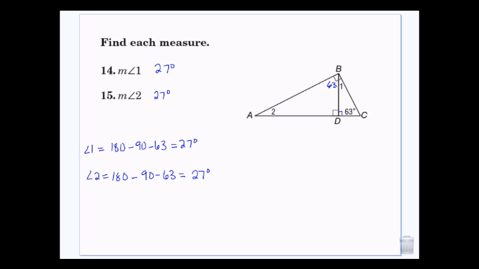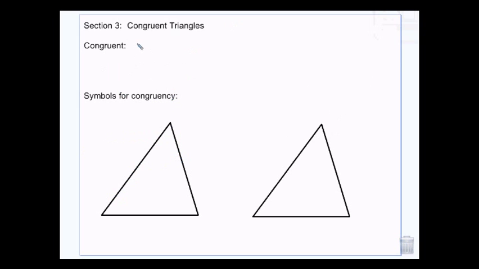Why is it interesting? This is on congruent triangles, and congruent means same size, same shape. Sounds familiar. So all measures are equal. So if I have congruent triangles, this angle and this angle will be the same. These angles will be the same.